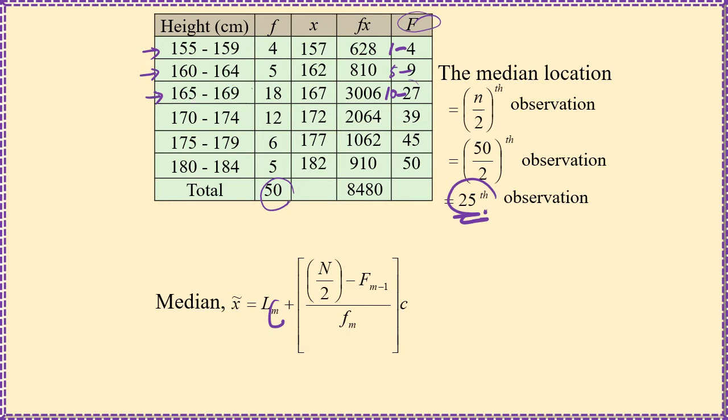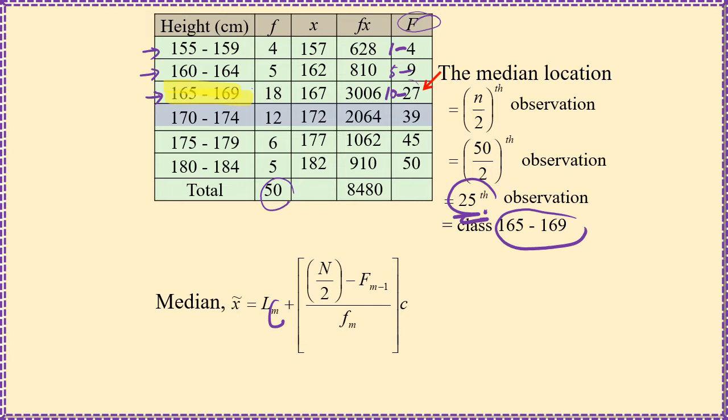Okay, so the class here is 165 to 169. So we can say that the median class is equal to 165 minus 169. So what is the lower boundary of 165 to 169?